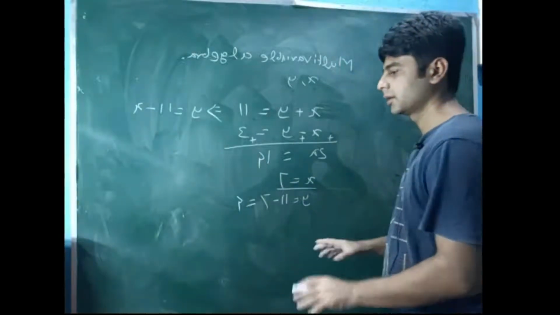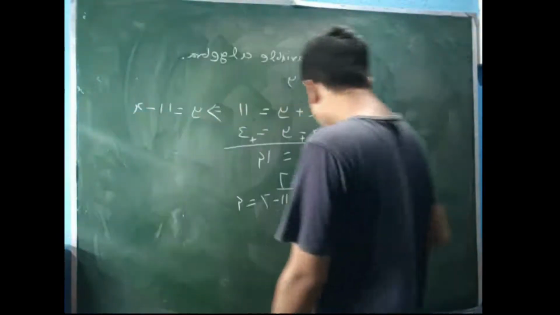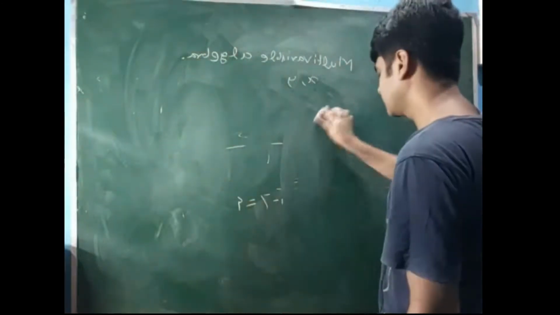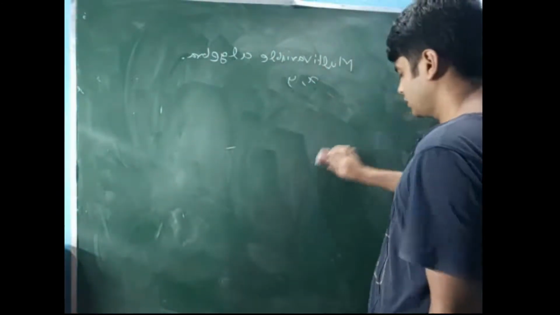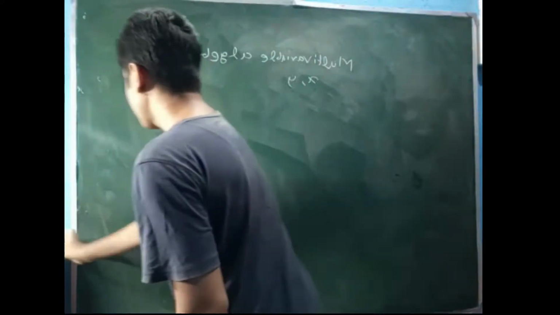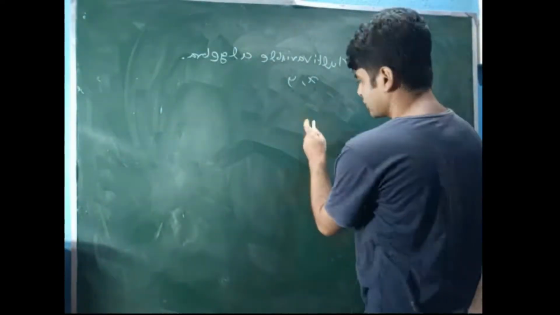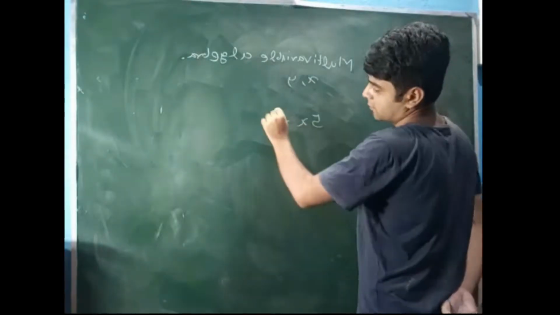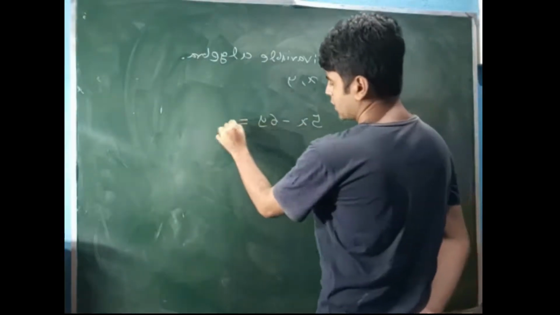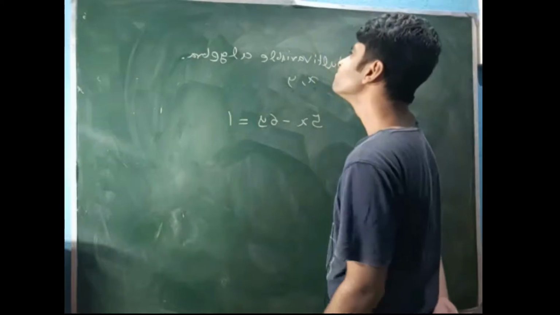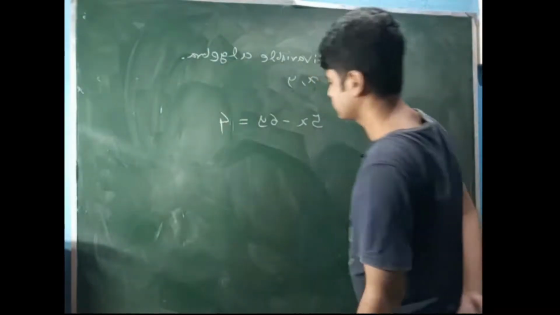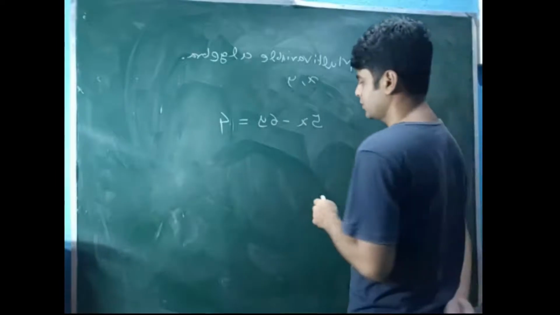So it makes sense. Another way of doing it is for when the equations don't have a kind of thing like that. Suppose 5x minus 6y equals 4, and 2x plus 4y equals 8. These are arbitrary equations.